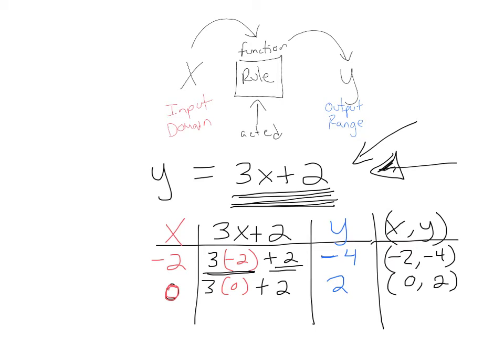You can try a point like 1. If x were 1, what would the value of your function be? The value of your function is just the output, or the range. So in this case, you have 3 times 1 plus 2, which is 5. We're looking at 1 paired with 5. Again, if you go back up here, you can plug it in, and you'll see that that's true. If x is 1, then y is 5. Cool.